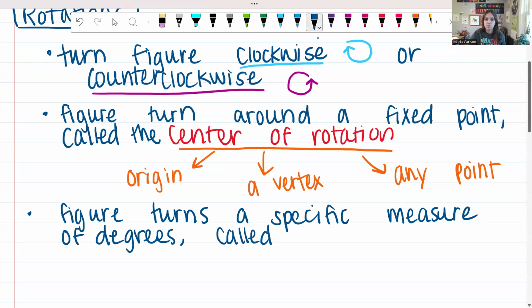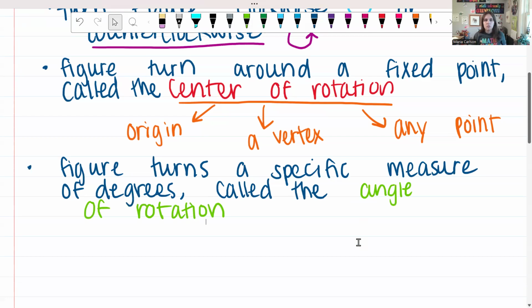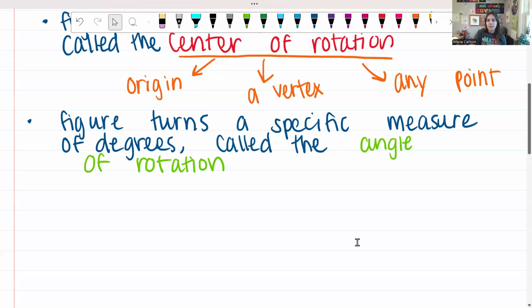That's right, the angle of rotation. So in general, we have 90 degrees, 180 degrees, 270 degrees. So let's talk about what those look like.